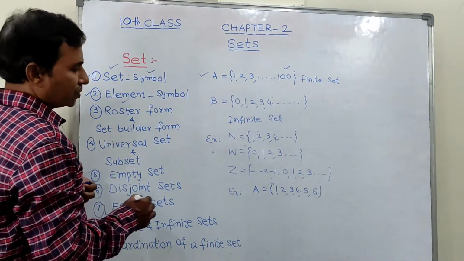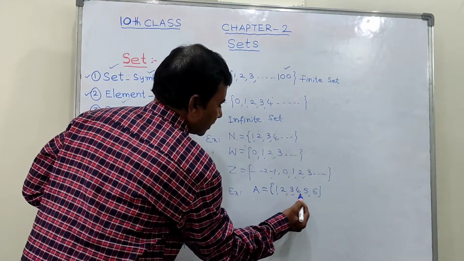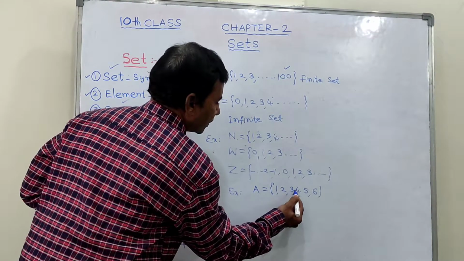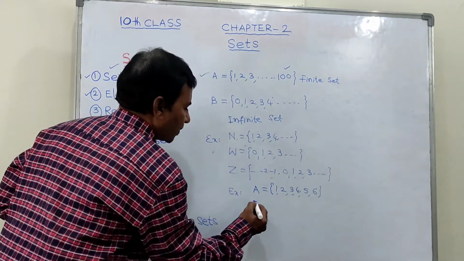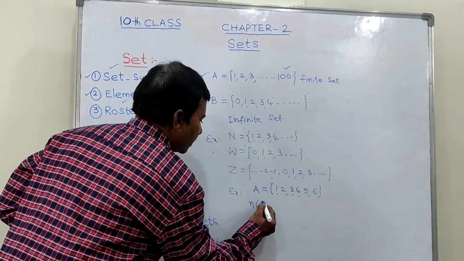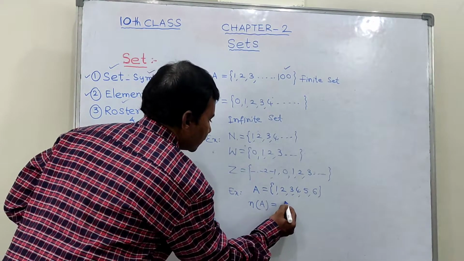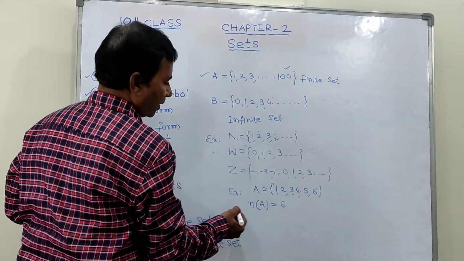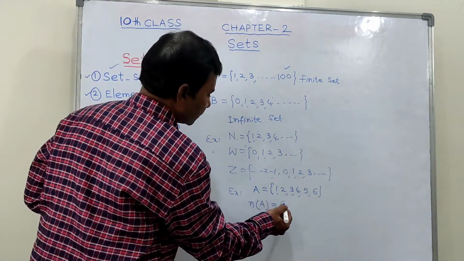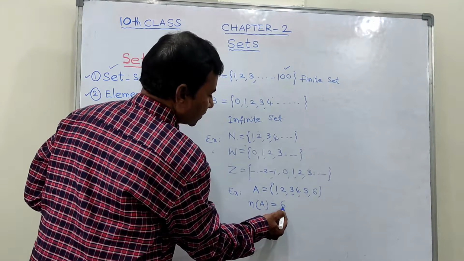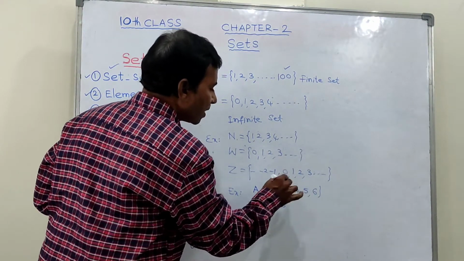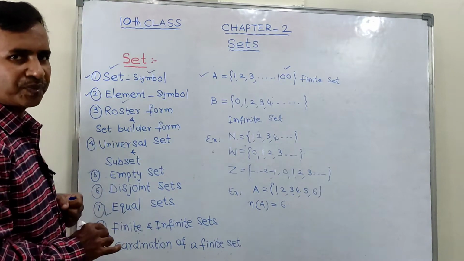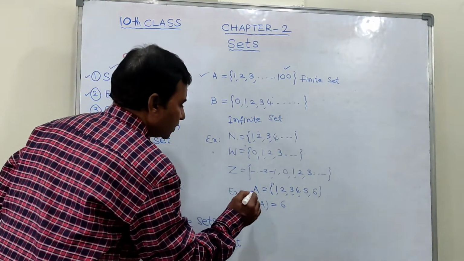Cardinality means how many elements are there here in this 1, 2, 3, 4, 5, 6. So, we will write number of A is equals to 6. Number of A or cardinality of A is equals to 6. 6 means it represents how many numbers are there. What are they? We don't want. How many are they? That is only the important thing.